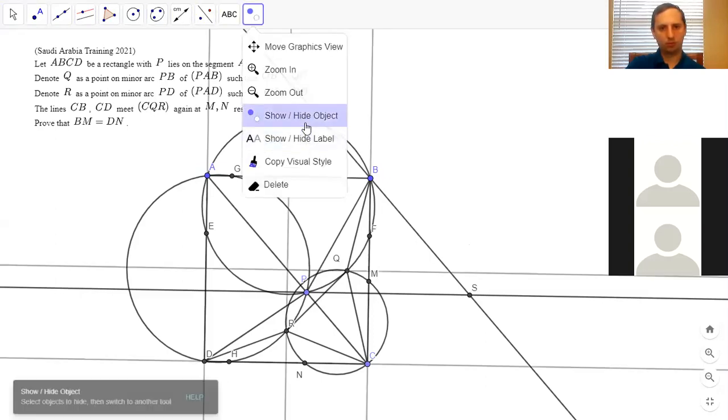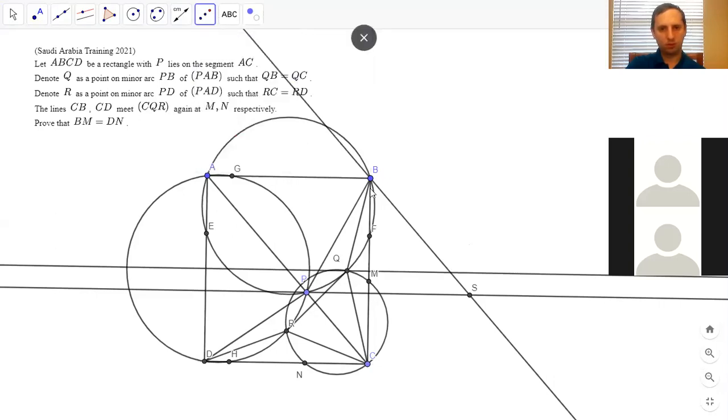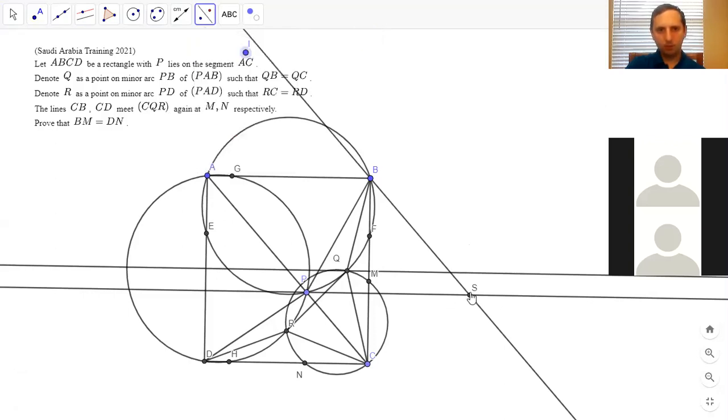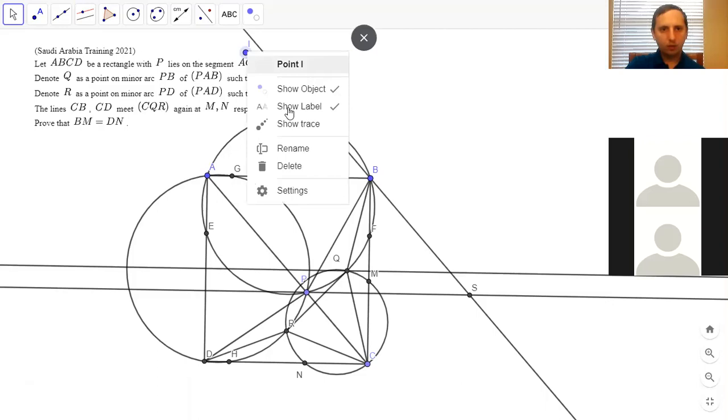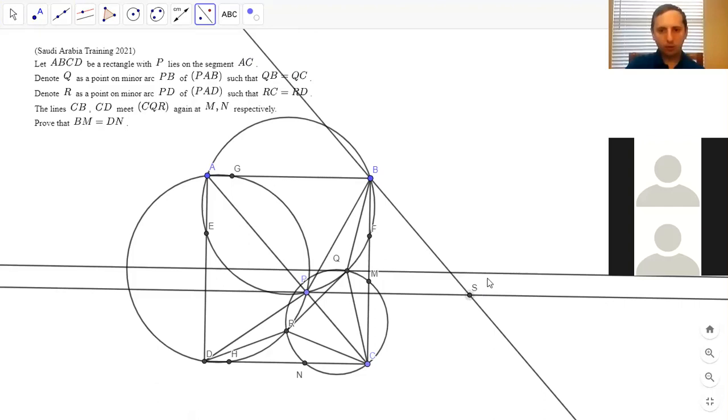So then BS' is equal to CS, which is equal to DP.